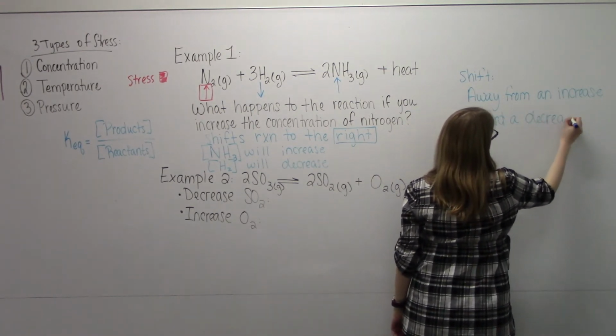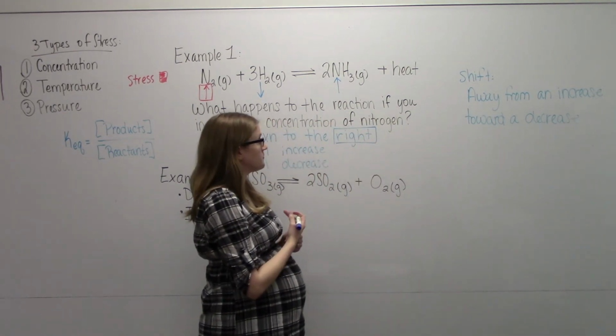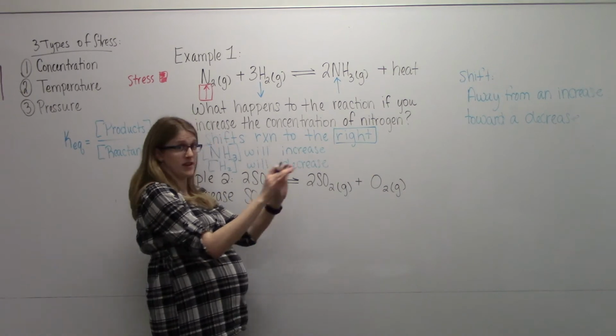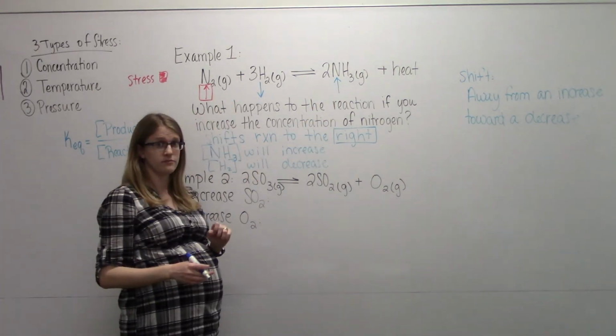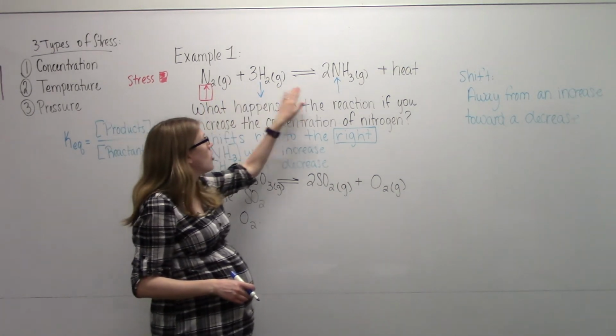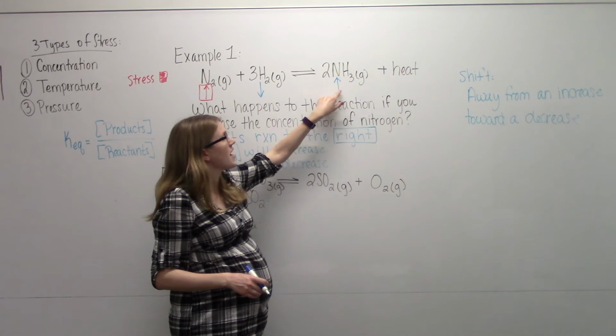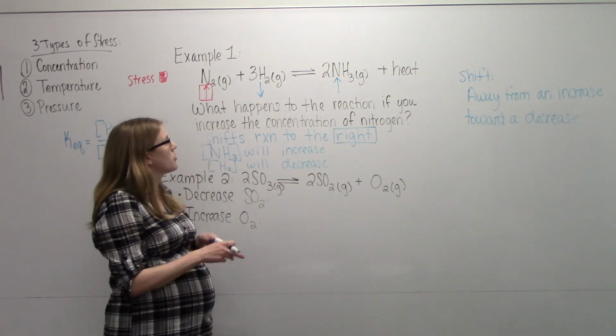So if we decrease something, you're going to shift towards it. And the side that's shifting is the side that we are increasing as a result of the shift. So as a result of the stress, we shifted this side, so that's the side that's going to increase as a result. So there you have it.